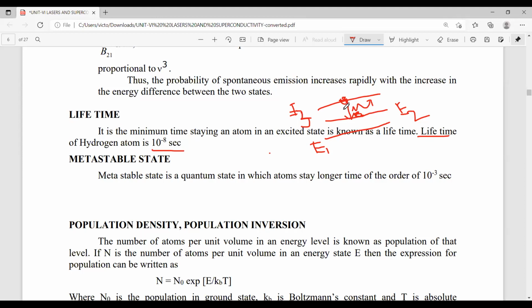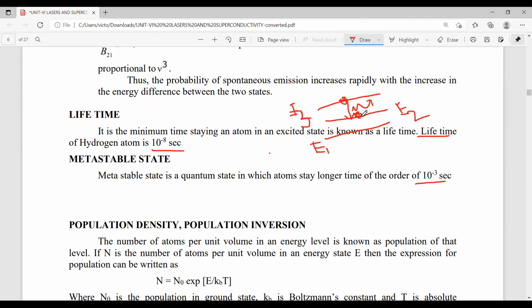Due to the lesser lifetime, the atom in the excited state undergoes spontaneous emission. But the atom in this second energy level stays more time. That means the lifetime is 10 power minus 3 seconds.